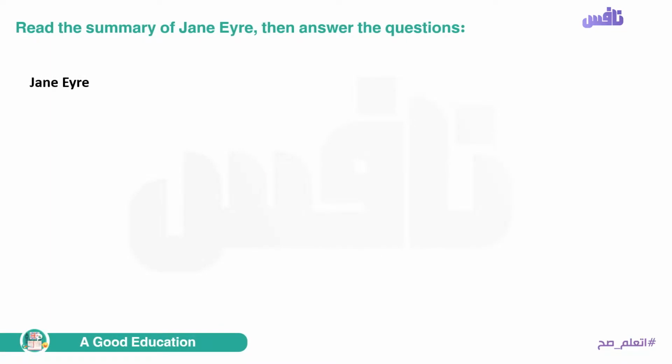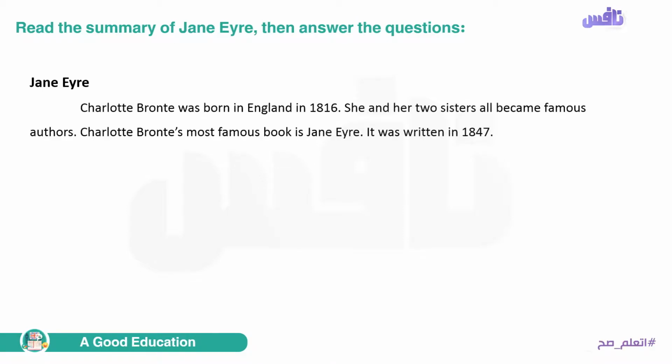Read the summary of Jane Eyre, then answer the questions. Jane Eyre. Charlotte Brontë was born in England in 1816. And her two sisters all became famous authors. You know the meaning of author?